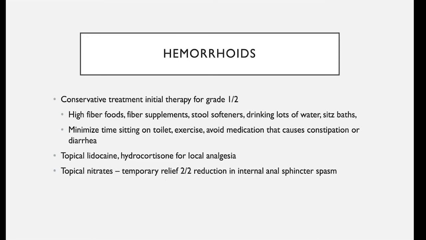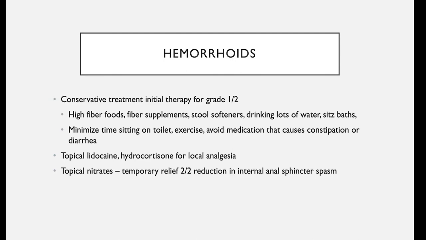The mainstay of grade 1 and 2 hemorrhoids are conservative treatment. So this, again, theme of the talk is high fiber foods, fiber supplements, stool softeners, a lot of water, and sitz baths.